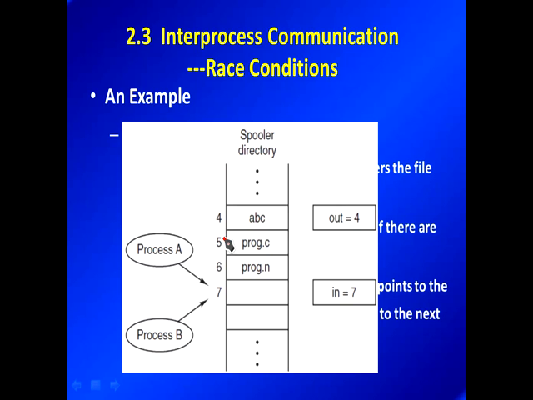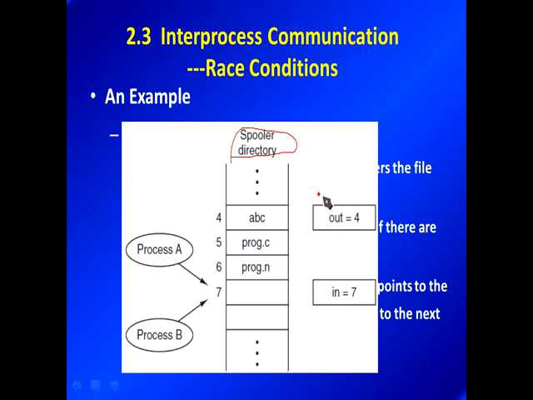This printer daemon just checks a special spooler directory to get the files one after another. Any process that wants to print a file needs to put the file into this spooler directory, and there are two important variables to record the next idle slot and the next slot to be printed.